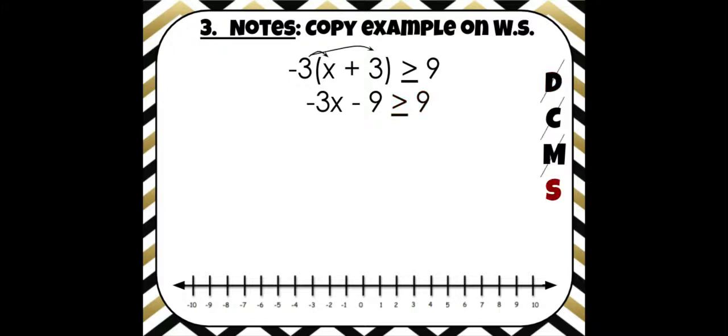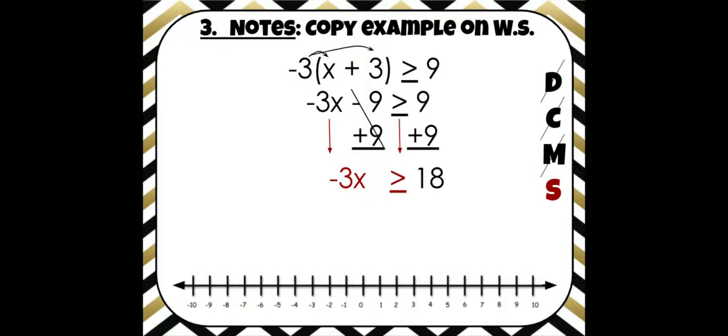Next step, we don't have to combine, we don't have to move our variable, we're going to solve for x. In order to solve for x, we're going to add 9 to both sides and bring down our -3x and our greater than or equal to sign.